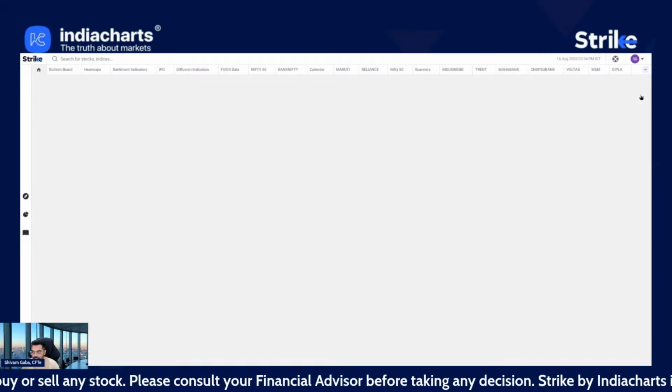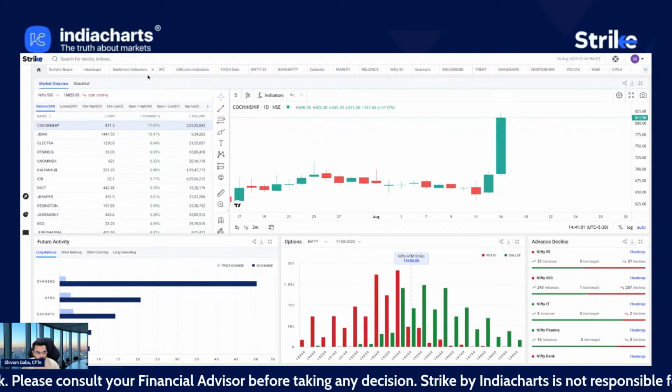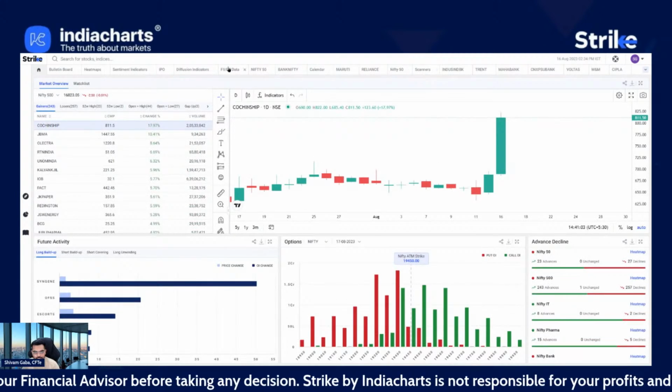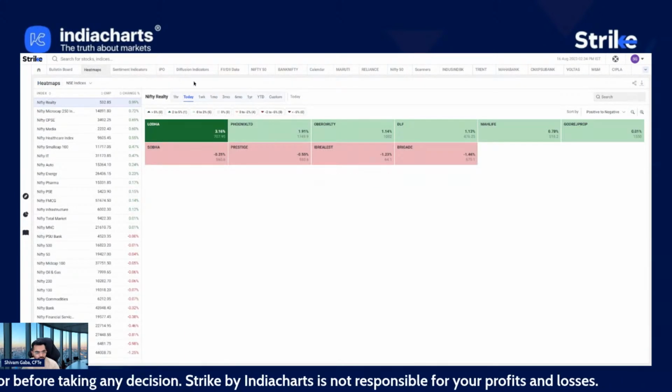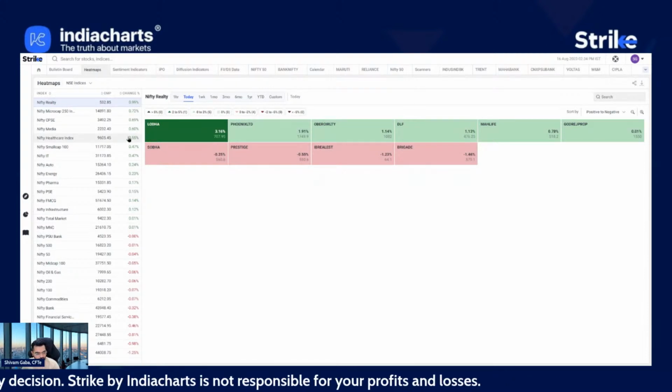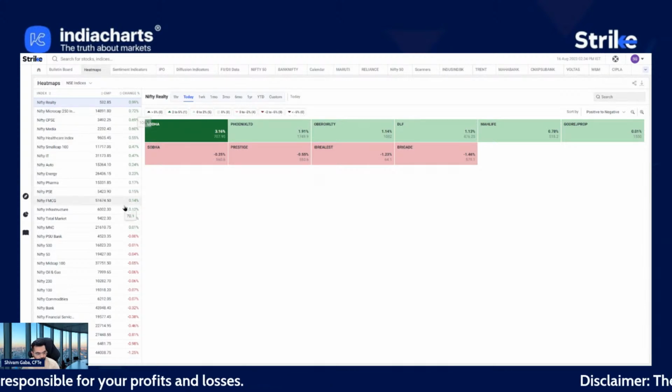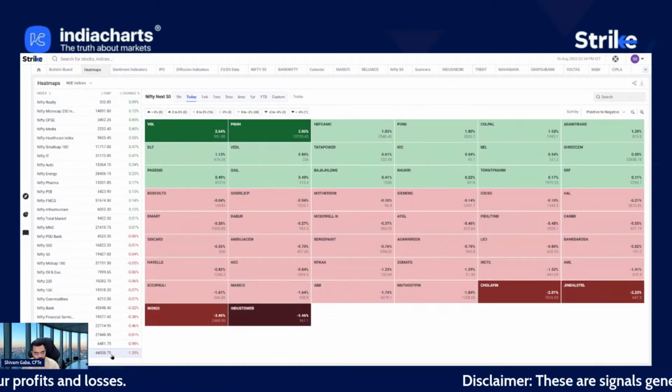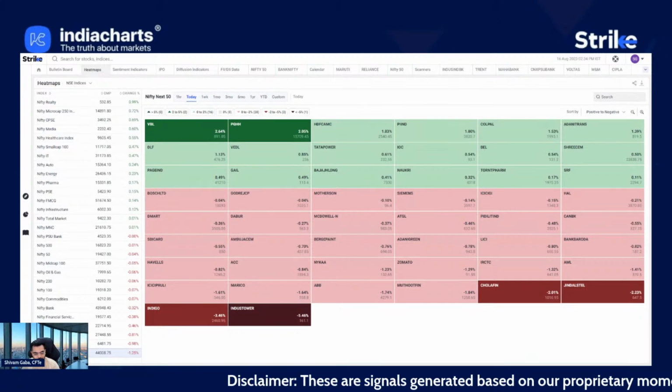So let us go to today's heat map and see where the action is coming from. I'm seeing Nifty Realty at the top and Nifty Next 50 at the bottom, surprisingly. Next 50 means the 50 stocks after the Nifty 50.